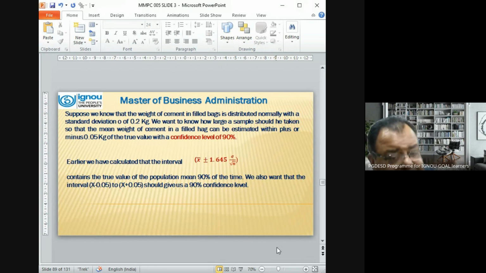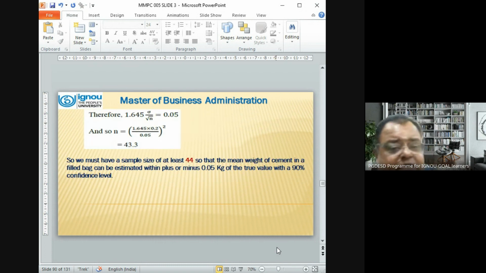We have seen this formula x bar plus minus 1.645 times sigma upon under root n, which contains the true value of the population 90% of the time. We also want that interval x bar plus minus 0.05 should give us 90% confidence level.